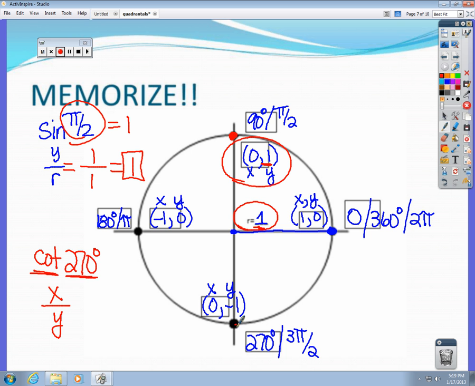So 270 is at the bottom of my circle. This time I'm going to use this point. So my x is 0. I'm going to put that on the top. My y is -1. And 0 divided by anything is always equal to 0. So the cotangent of 270 is 0.